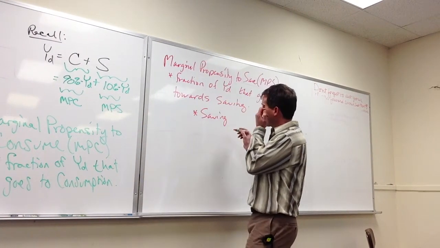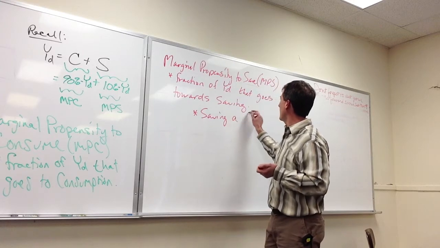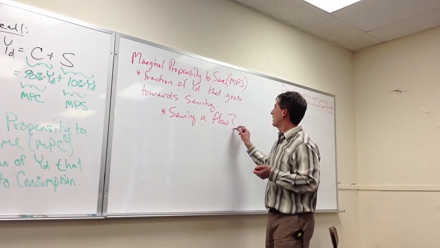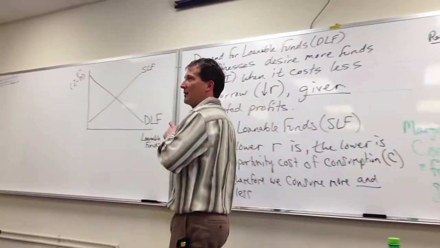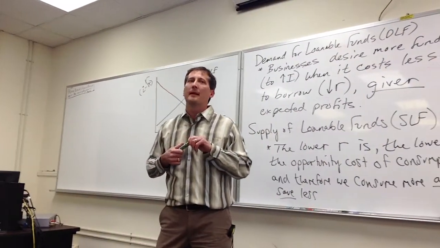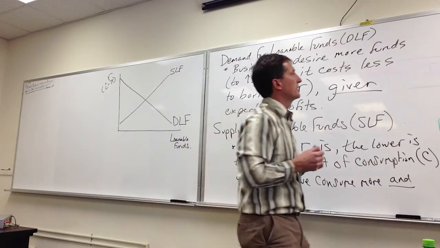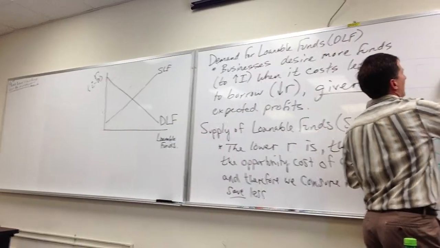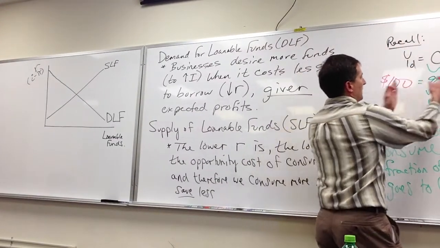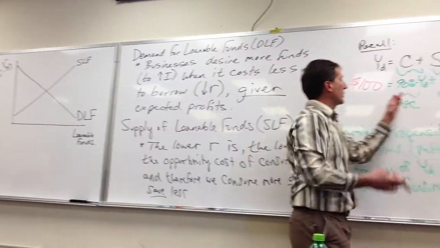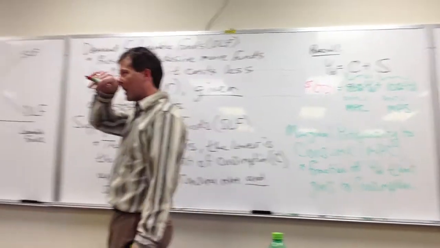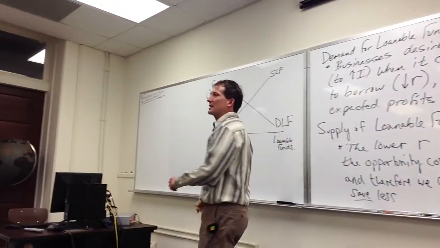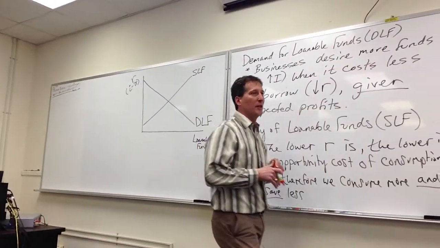Is saving in this context a flow or a stock? Is savings a flow variable or a stock variable in this case? So I made $100 of income. I'm partitioning my income into Twinkies and beer and some towards tomorrow's Twinkies and beer, future consumption and current consumption. Is saving a stock variable or flow variable?